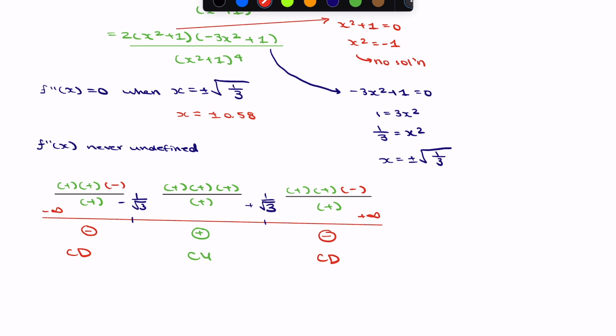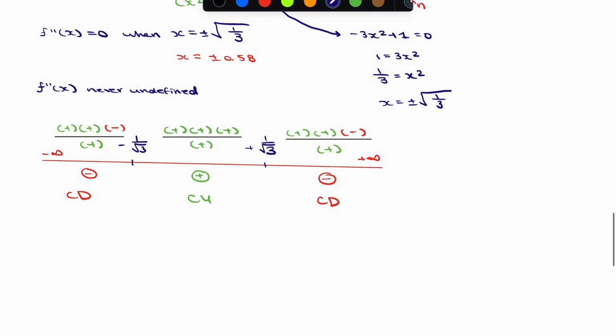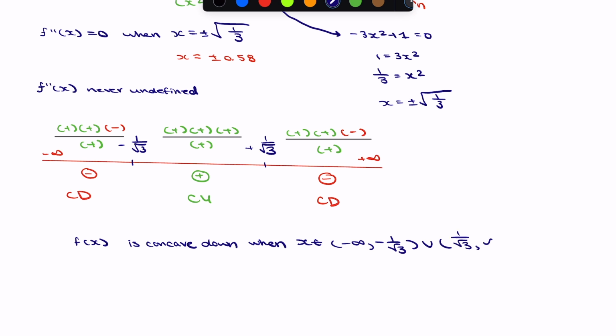So here, if we look at the intervals of concavity, f of x is concave down when x is between negative infinity and negative 1 over square root 3, and also between 1 over square root 3 and infinity.